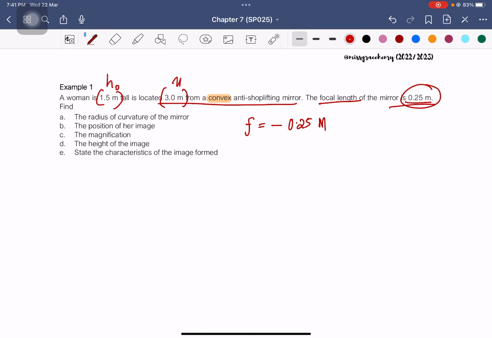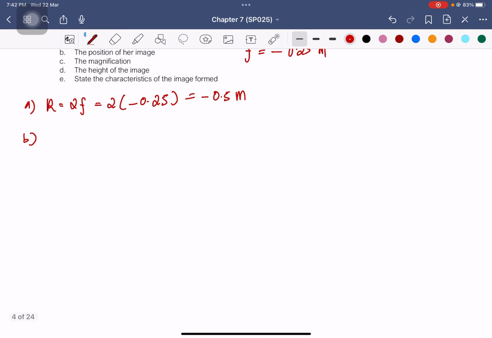Right, so we have to find the radius of curvature of the mirror. That is just R equal to 2f, and that is 2 times negative 0.25, which is equal to negative 0.5 meter. Next, the position of the image is just asking about v. So how do we find v? Since we already have the focal length and the object distance, we can use the spherical mirror equation, which is 1 over f equal to 1 over u plus 1 over v.